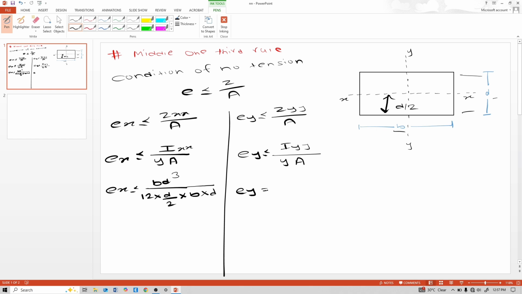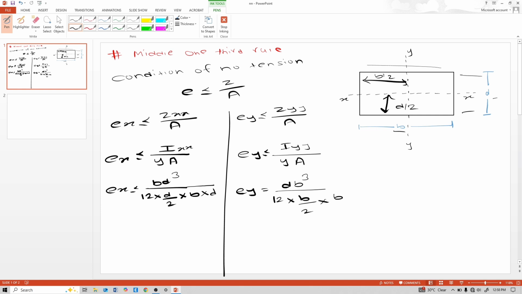Similarly here, I is about the y axis, and parallel to the y axis is d. So d as it is, b cubed divided by 12, and measure the distance y to the extremities from the y axis. This side is b, so this is b by 2.